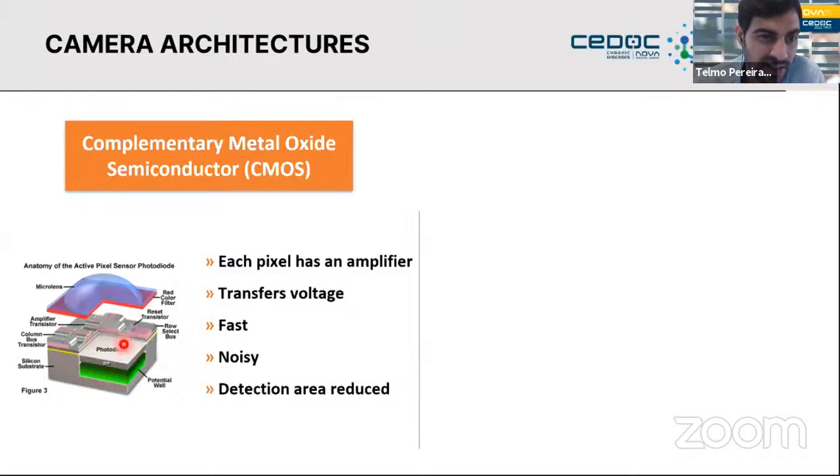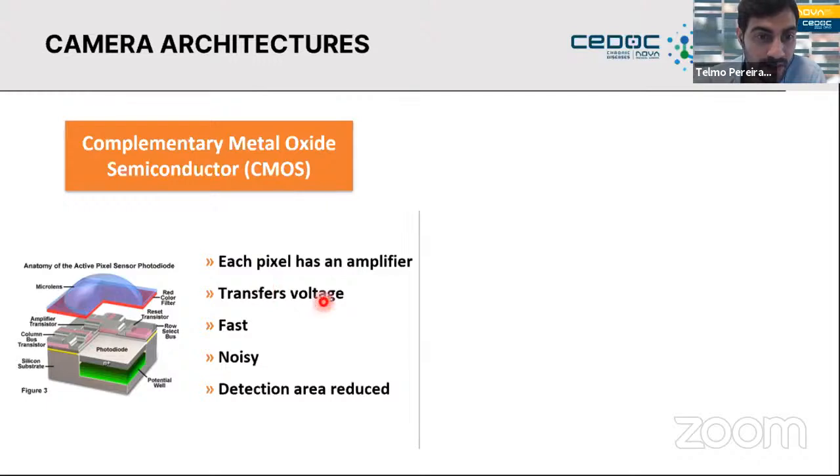So in this particular architecture, you are throwing away a bit of the light that reaches your camera, because only this part will detect it. Usually you have some lenses that try to converge all the light into the photodiode, but you are wasting a bit of light.